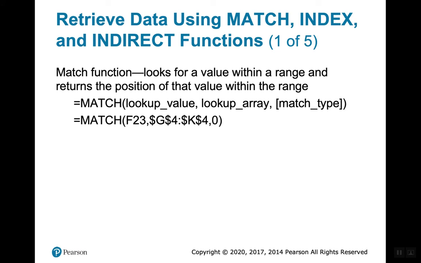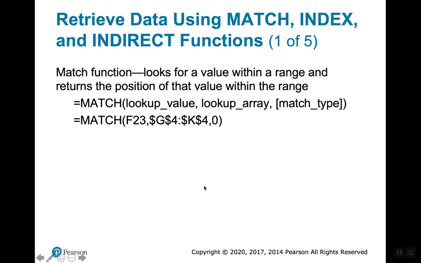Now, we've got some additional stuff we can use to do lookups on data. We can retrieve data, and we have the match, index, and indirect functions. All right. So the idea is, once again, we define a range of data, we give a value, and then it looks for something that matches that, and if it finds it, it'll bring back the result.